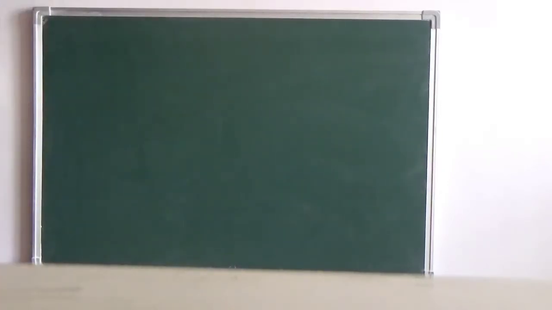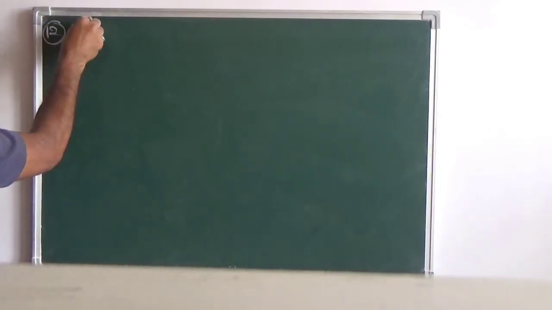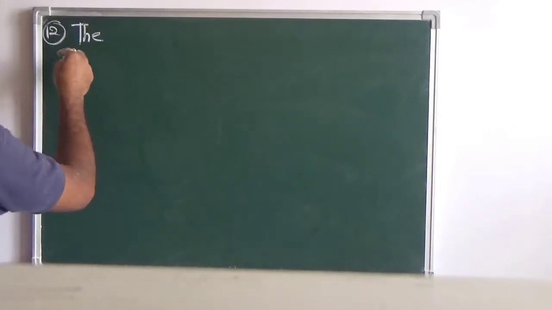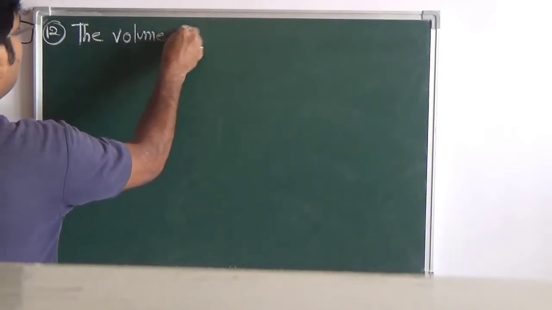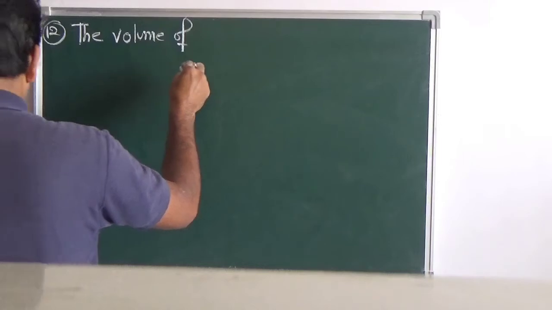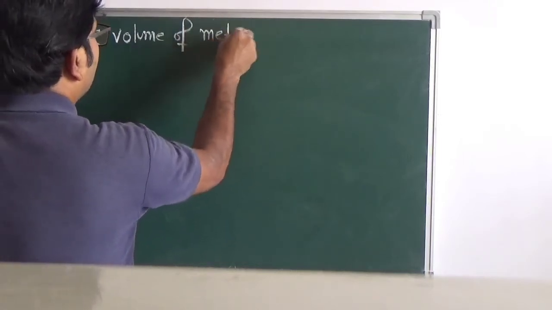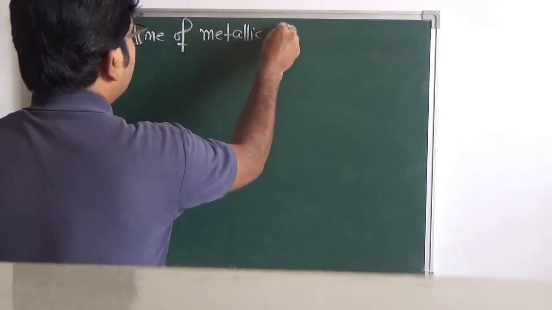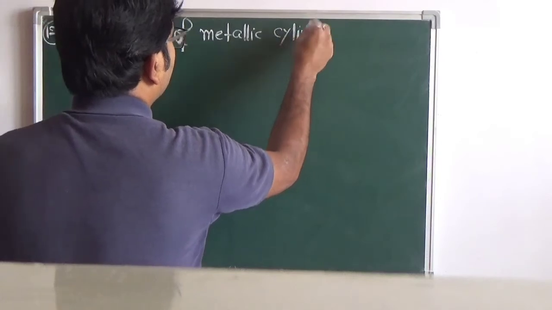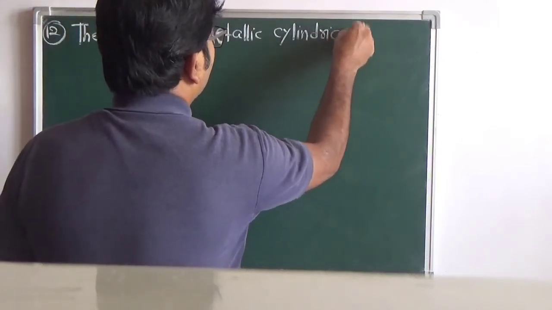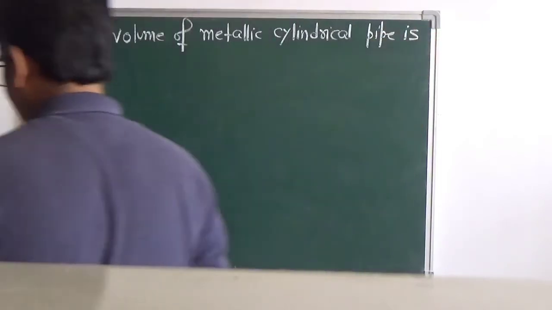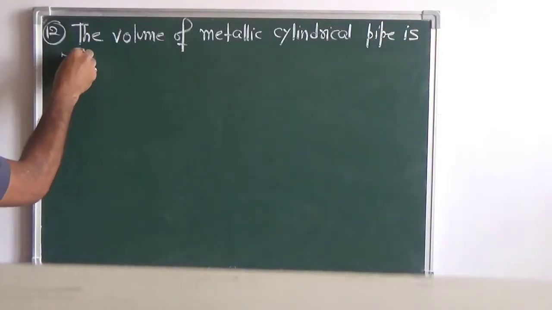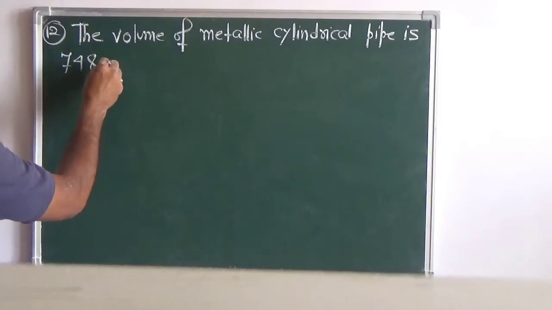So the next question is: the volume of a metallic cylindrical pipe is 748 centimeter cube.